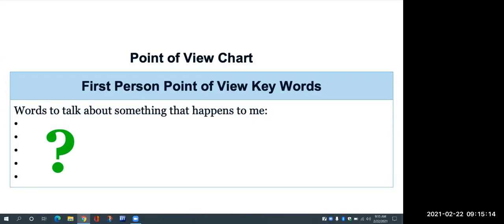There are 5 words in particular that you could use in your narrative. What are those 5 words? Shout them out to me. Those 5 words include I, me, my, we, and us.